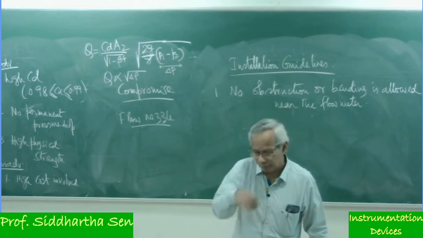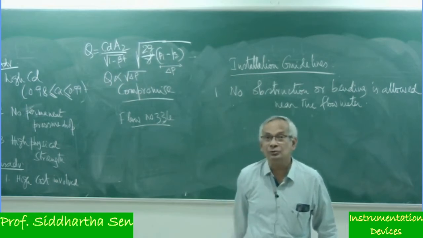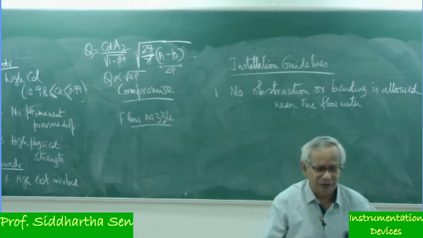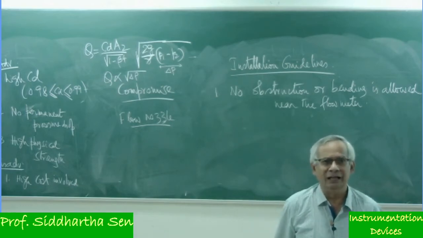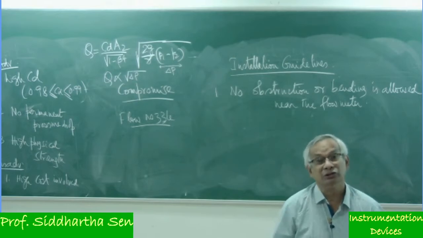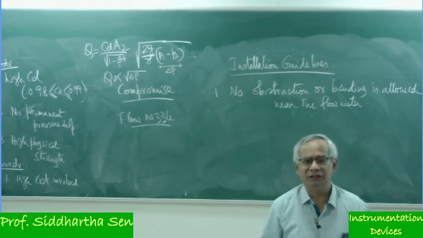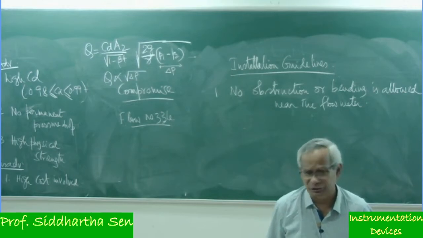Flow rate is proportional to the square root of the pressure difference. So naturally, once we measure the pressure difference, that is not enough. I need to take the square root of that signal, and only then can we get a signal proportional to the flow rate.